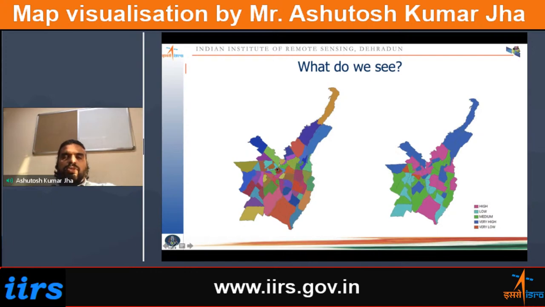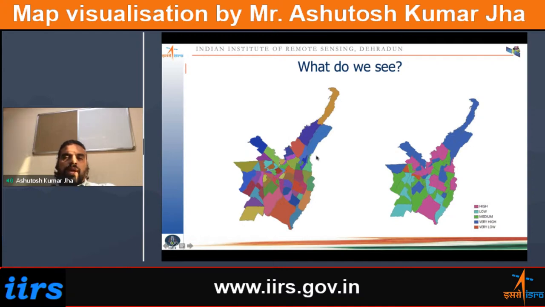If I put the information this way, each individual polygon has been assigned a color according to its own unique value. In this case, we are representing the information of population density in each of the wards.